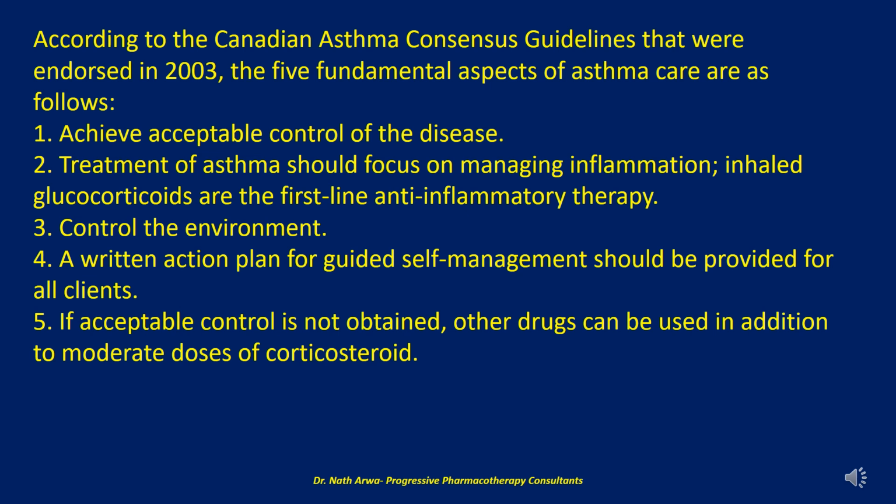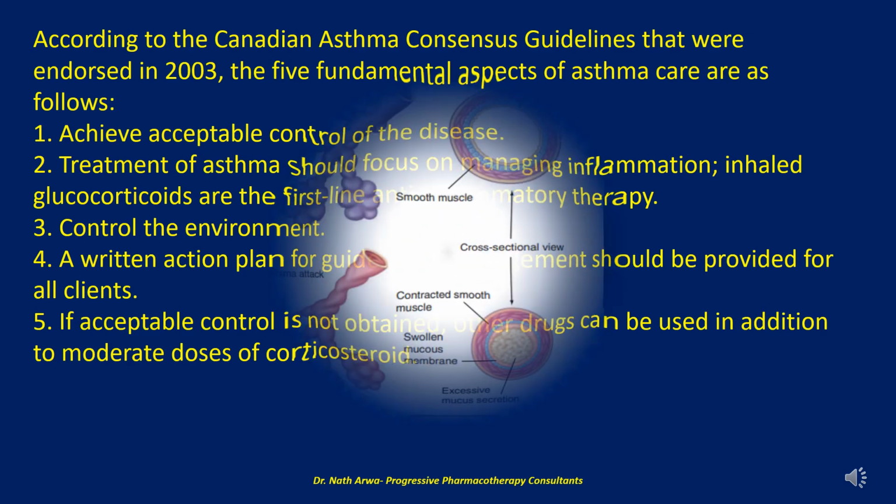Inhaled glucocorticoids are the first-line anti-inflammatory therapy. 3. Control the environment. 4. A written action plan for guided self-management should be provided for all clients. 5. If acceptable control is not obtained, other drugs can be used in addition to moderate doses of corticosteroid.